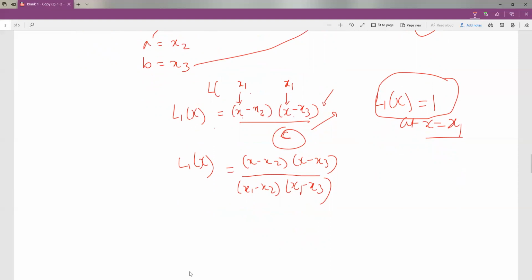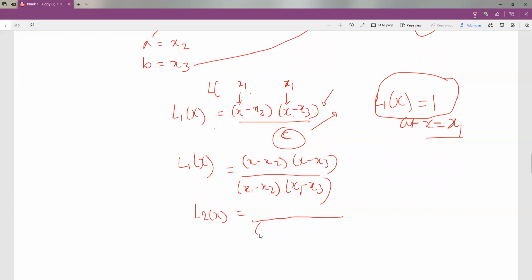Now a similar approach we will follow for the second coefficient. Now you can see, instead of L1, we want L2(x), which should give a unit value at node 2 and 0 at the other nodes.